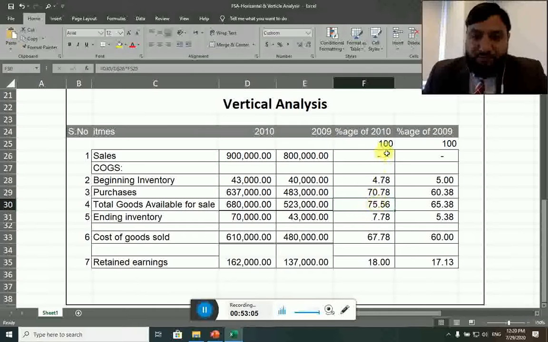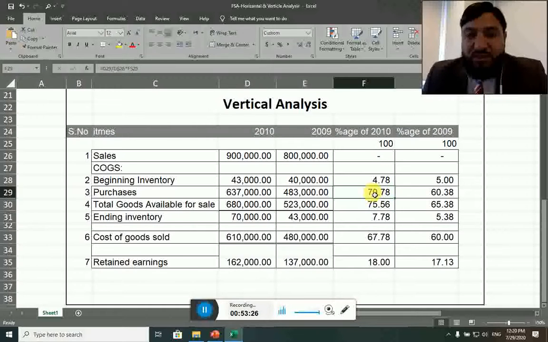Similarly, it shows that in total sales, 4.7% is the portion of inventory. In total sales, 70.7% is purchases, right?